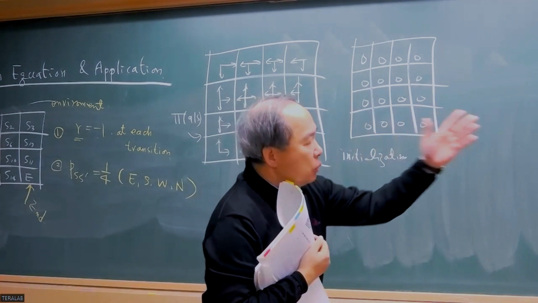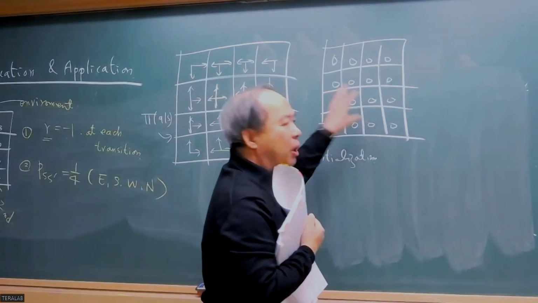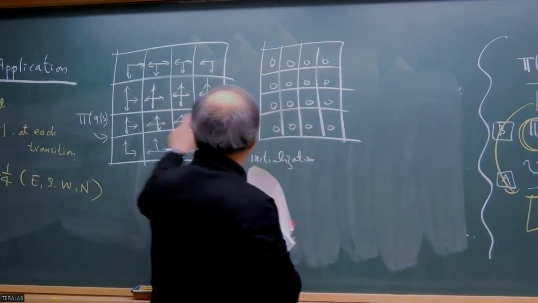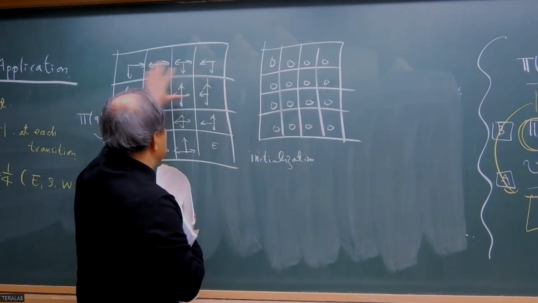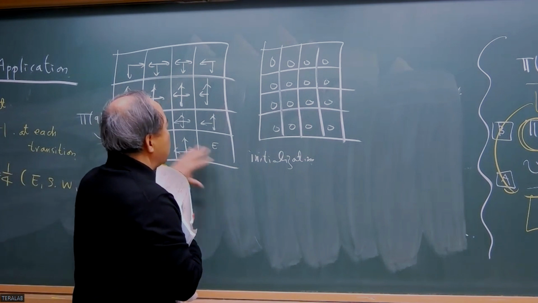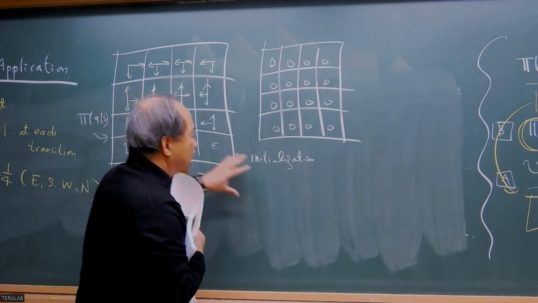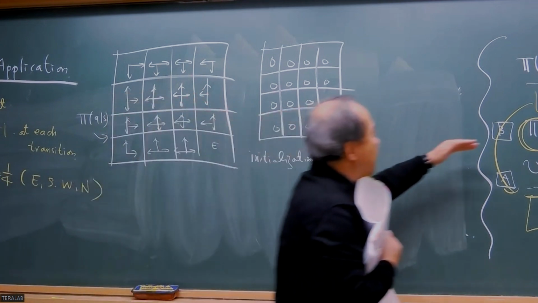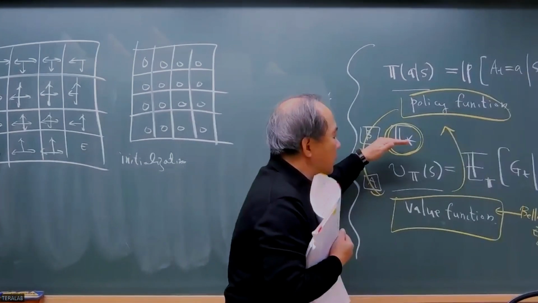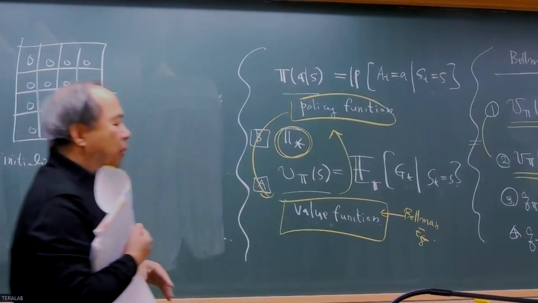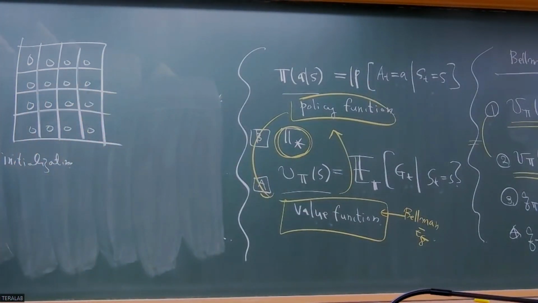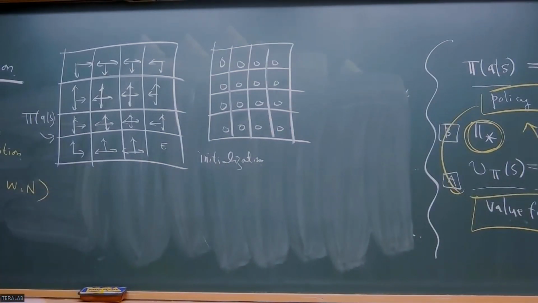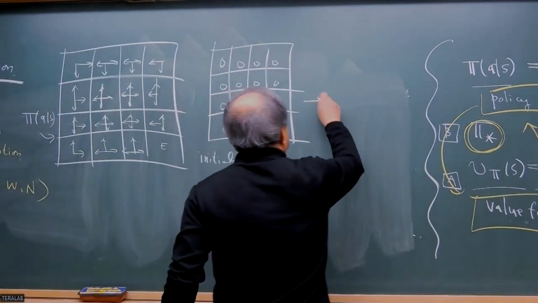And by applying those Bellman equations, we're going to keep updating, updating, and updating. After updating, we will update the policy function, and then we repeat this value function calculation and policy function update. We're finally going to come to the optimal policy, and that is our goal of reinforcement learning. And how are we going to update that?